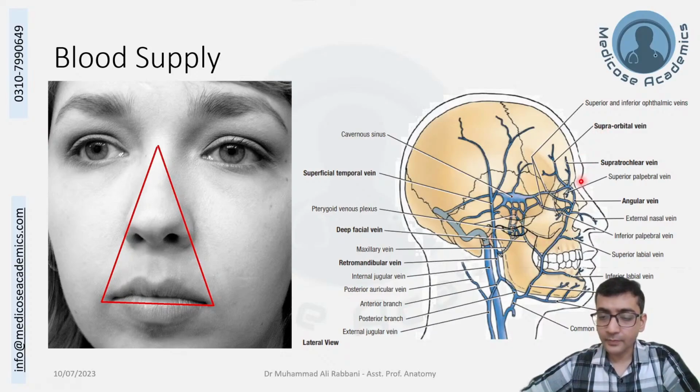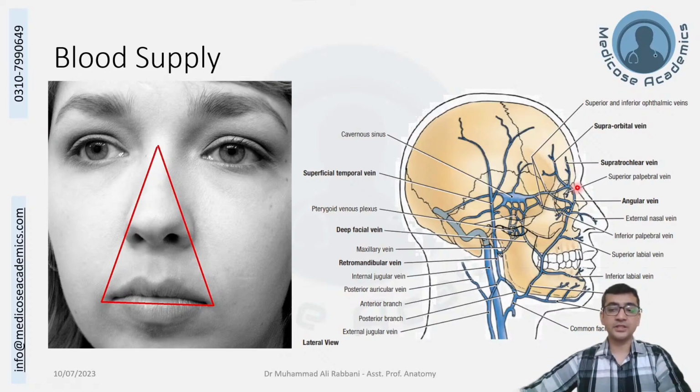Second, the veins on the medial angle of the eye and the lateral aspect of the nose are connected to the superior and inferior ophthalmic veins inside the orbit. These veins join the facial vein in front to the cavernous sinus at the back, because they have ultimately to drain into the cavernous sinus.